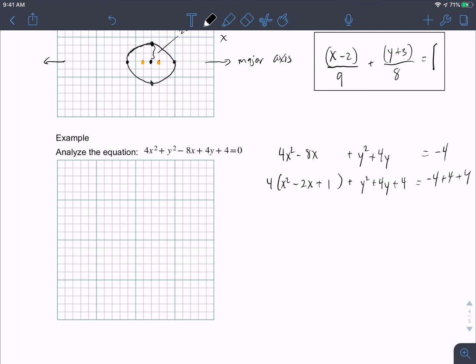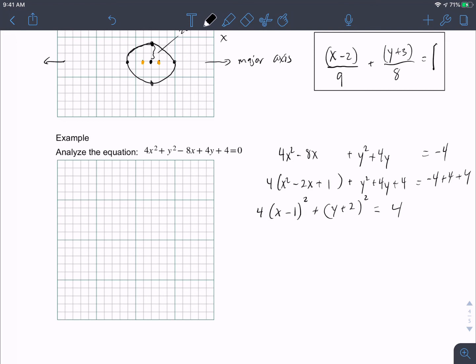So then I'm going to factor these things. So I'm going to get 4 times x minus 1, that quantity squared, plus y plus 2, that quantity squared, and that's going to be equal to 4.